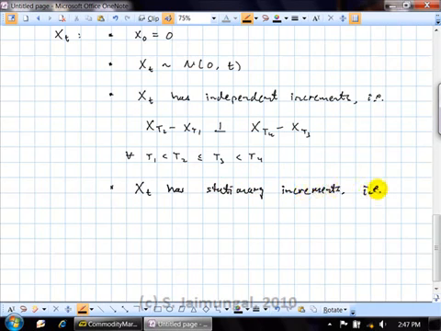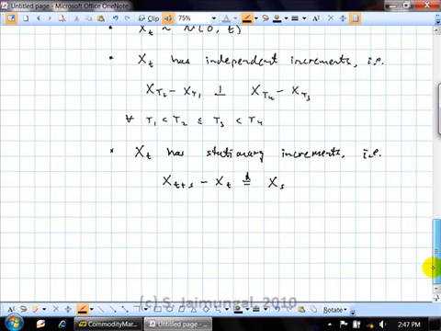I'll write that a little bit differently here. We'll say x at little t plus s minus x at little t equals in distribution x at s. This is a statement that we had earlier. We said that if we look at the increment of x, in distribution it's normal, mean 0, and variance equal to the size of the window.